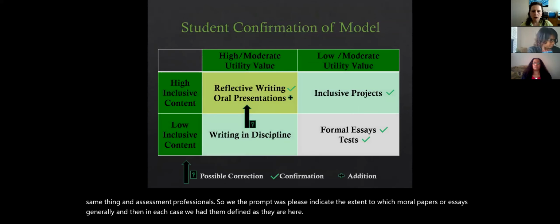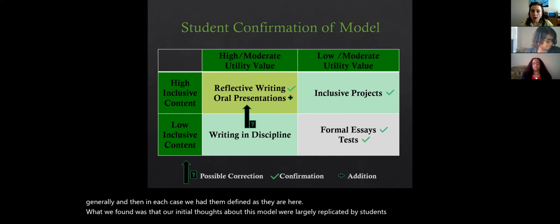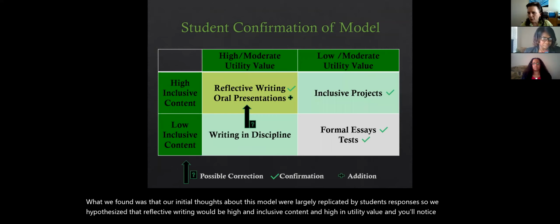And what we found was that our initial thoughts about this model were largely replicated by students' responses. So we hypothesized that reflective writing would be high in inclusive content and high in utility value. And you'll notice now we're saying high or moderate utility value.